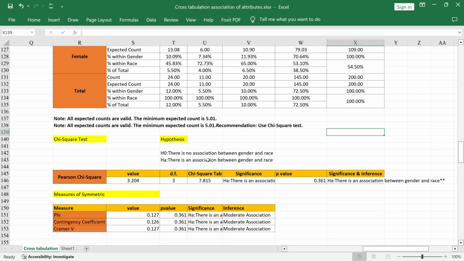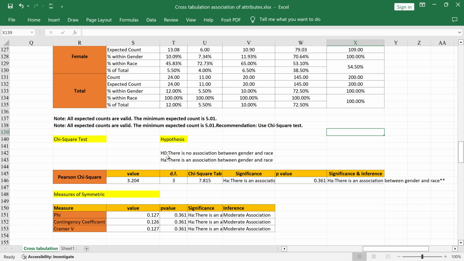Before doing the chi-square test, we have to set up our hypotheses. In chi-square we have two parameters, so we have two hypotheses. The first is H naught, or H0, whatever you call it.